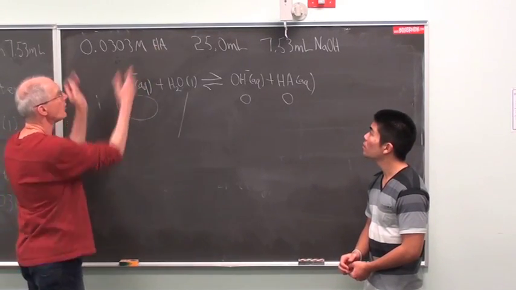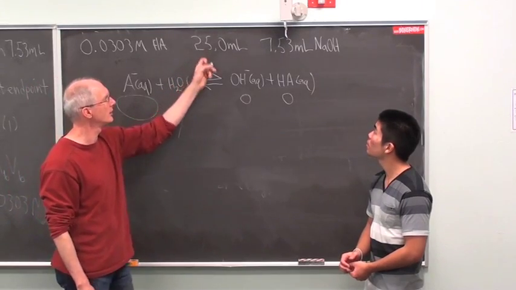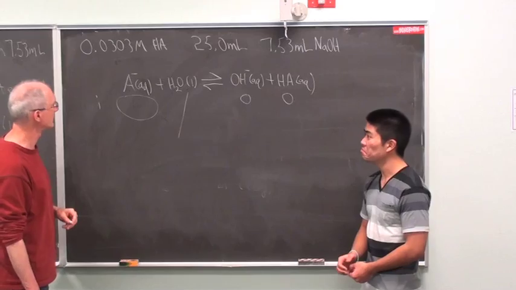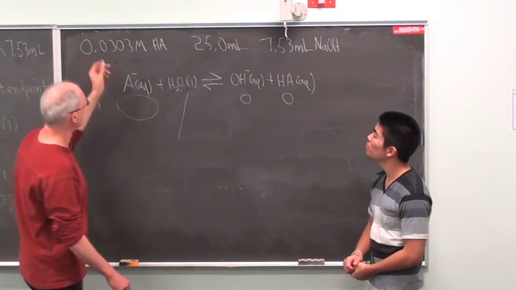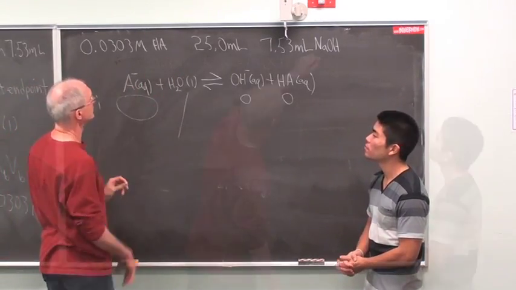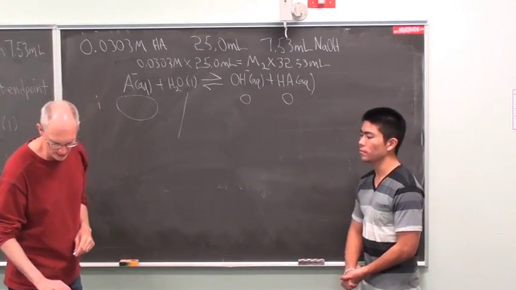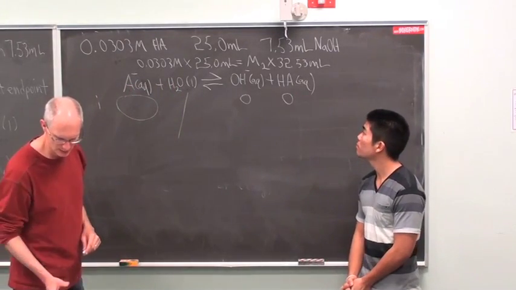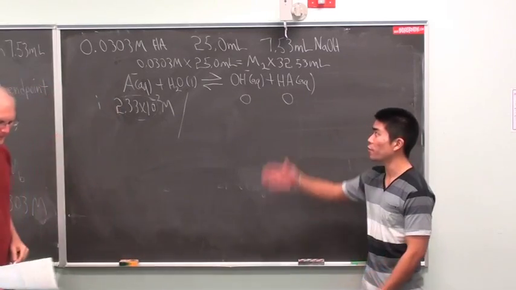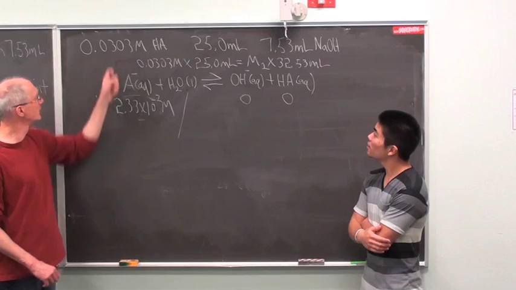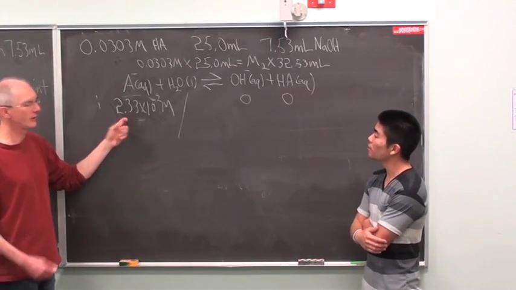We're taking this many moles and diluting it from 25 milliliters to 32.53 milliliters, and we're solving for M2. You do that and you find it is different from what we had before, so it's a good thing that we accounted for dilution. It's a little bit less concentrated, because we diluted it.